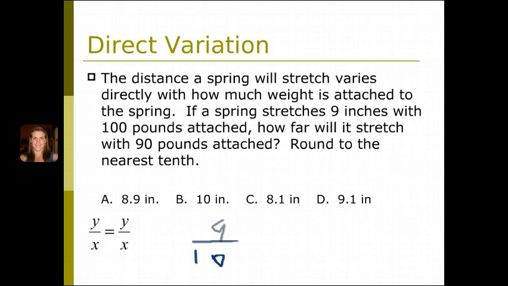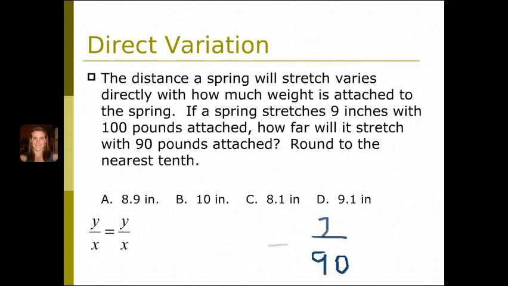And that is going to be set equal to, it's asking us how far will it stretch. So we don't know the distance, but we do know the weight, which is going to be 90 pounds.